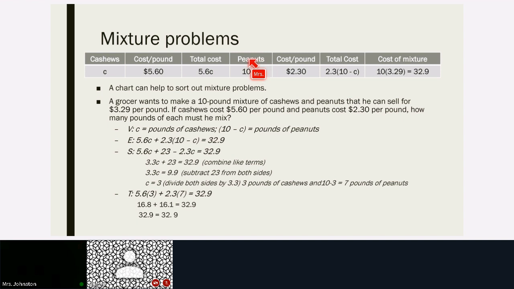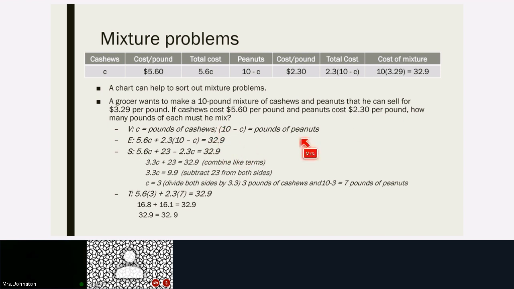The weight of the peanuts is 10 minus C, and they cost $2.30 per pound, so I'll do the same thing. $2.30 is represented by 2.3, and I'm keeping the 10 minus C in parentheses because I want to multiply that price by the whole number of pounds, not just 10 and not just C. So I'm going to use those to write my equation. 5.6C plus 2.3 times 10 minus C is going to equal 32.9.